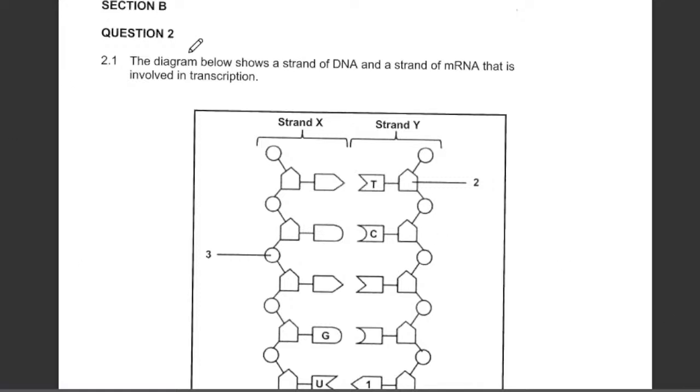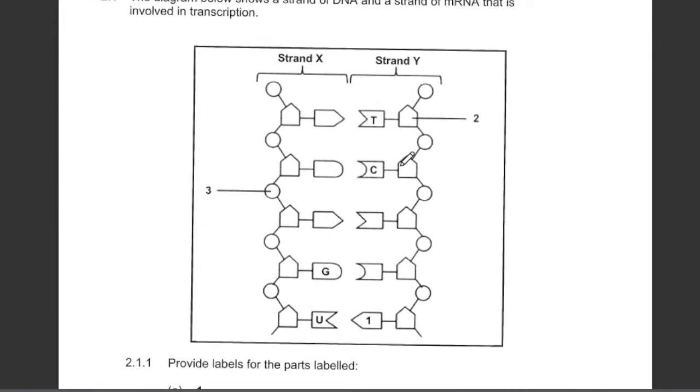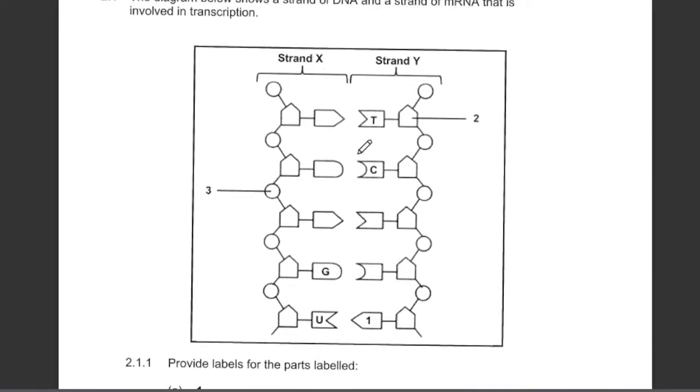Let's look at it. The diagram below shows the DNA and RNA that is involved in transcription. So if it is involved in transcription, let's look at the questions. Where is one? One is the strand. This strand is DNA, you see.